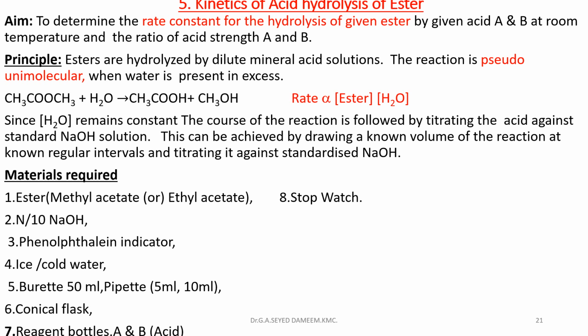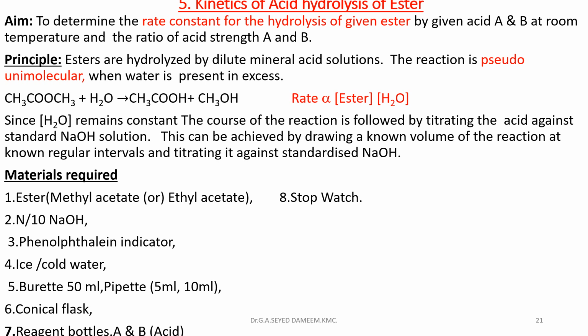Therefore the reaction is pseudo unimolecular and the order of the reaction is 1. Two acids are given; the rate constant of hydrolysis of ester by acid A is determined first, followed by that by acid B, and the ratio of these two rate constants is the ratio of strength of acids A and B.